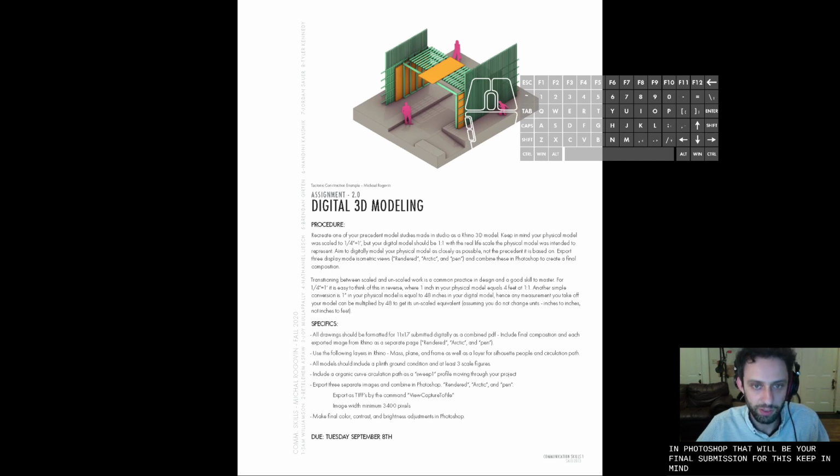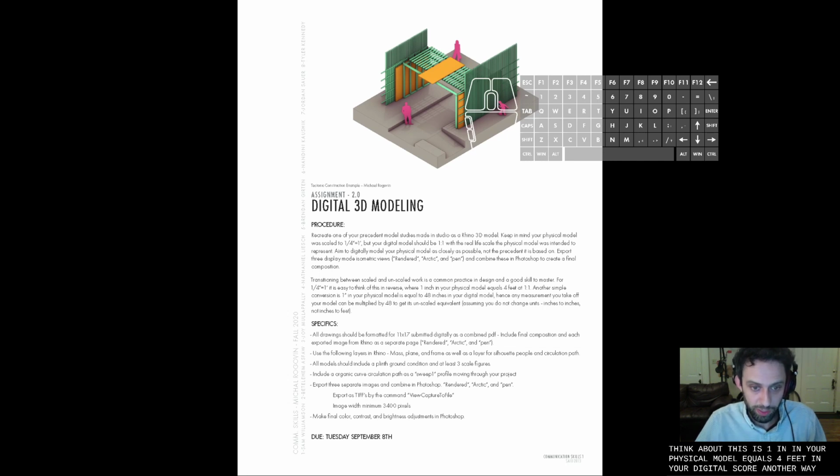Keep in mind, your model that you've built physically was very likely scaled at 1/4 inch equals a foot. When you're working digitally, it is always good to be working at 1:1, so 1 foot equals 1 foot. In order to make that conversion, you'll have to convert back. An easy way to think about this is 1 inch in your physical model equals 4 feet in your digital model.